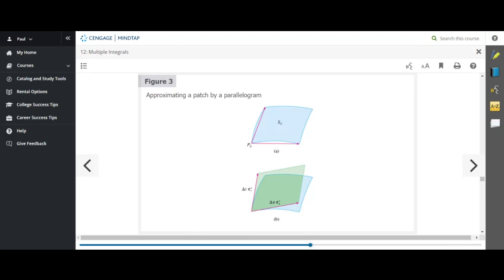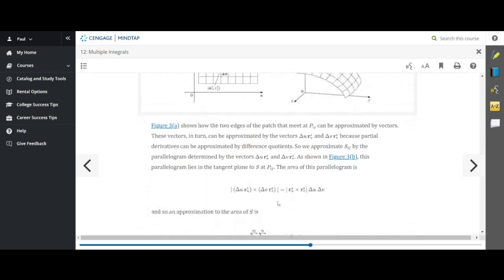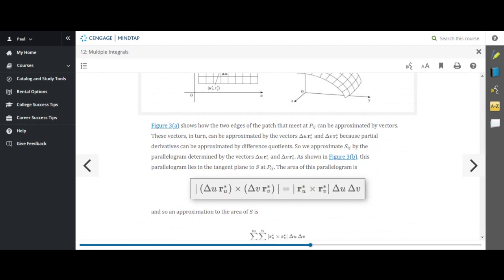But how do you make the parallelogram smaller? You multiply the tangent vectors by delta U and delta V. And so what happens then? Remember, we learned how to find the area of a parallelogram.